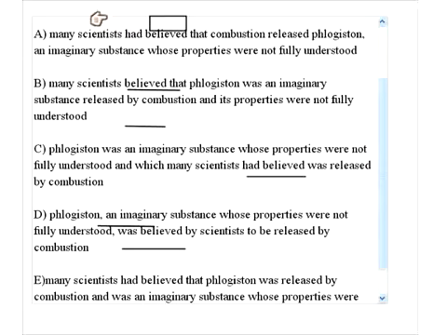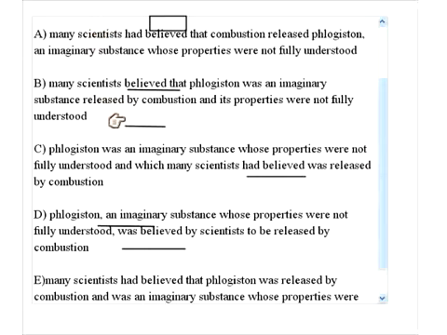So proved, simple past. Did this proving happen before, after, or at the same time as the belief? It absolutely has to happen after. So we would prefer for this verb to be in the past perfect.